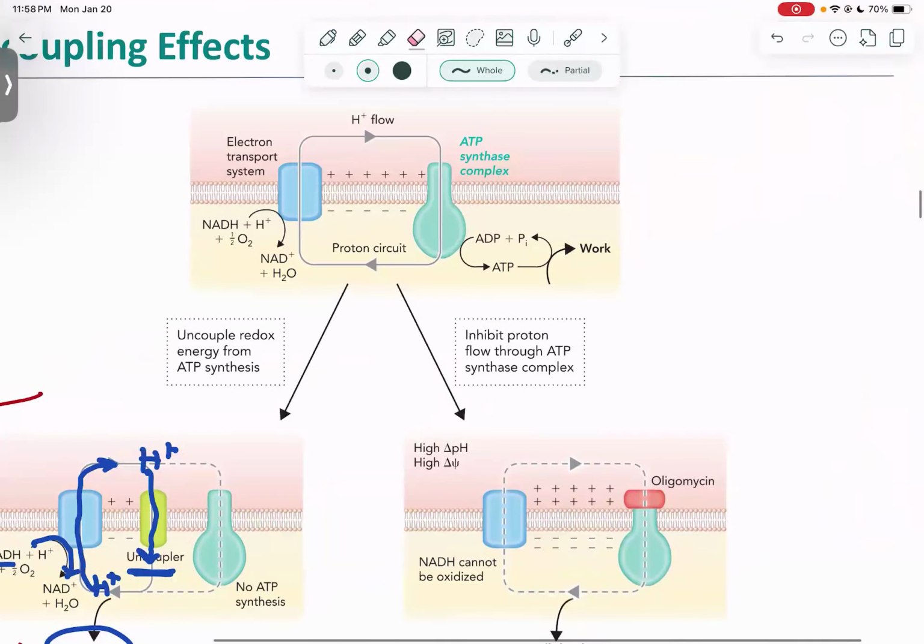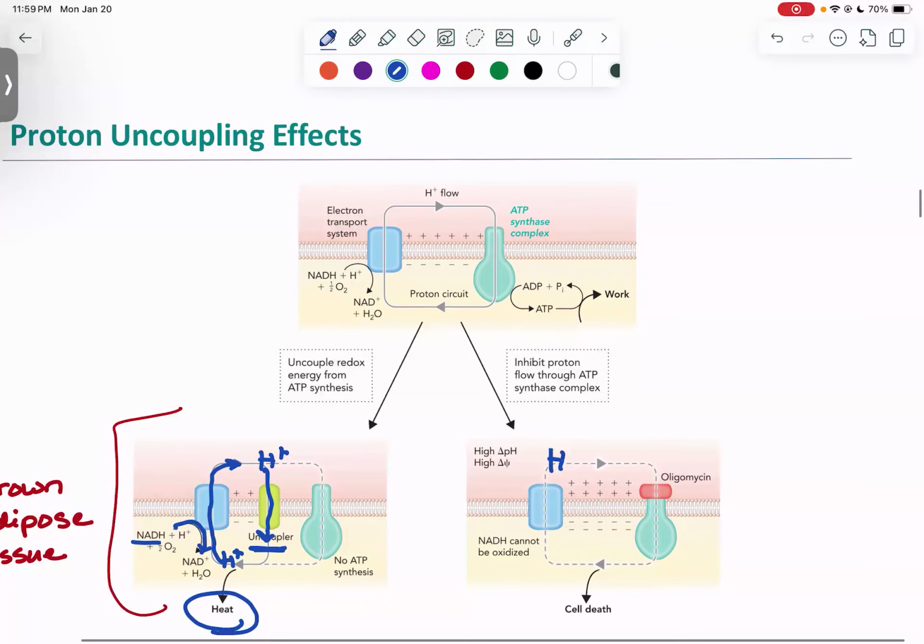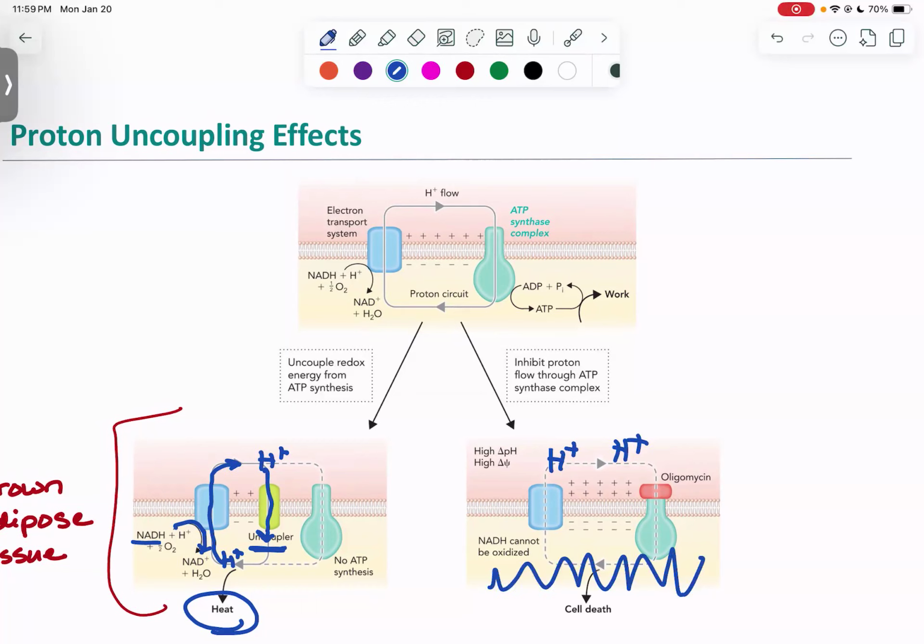The other thing that can happen is that if this ATP synthase complex is blocked and there is no uncoupler, then eventually you will have so many protons pile up that you won't have anywhere to put more. And so NADH won't be able to be oxidized because there are no protons to pump.